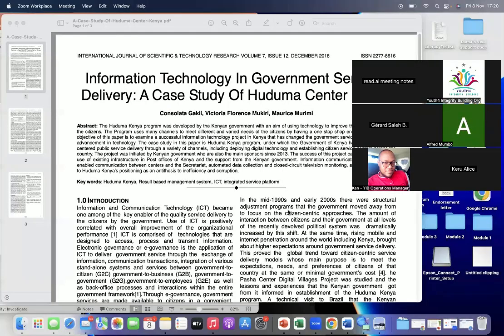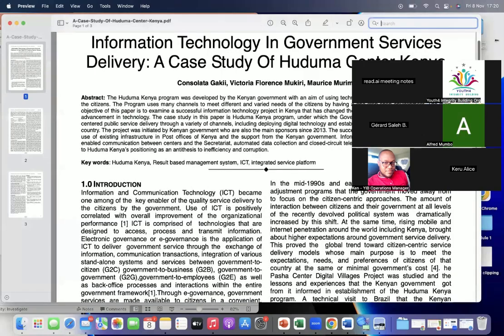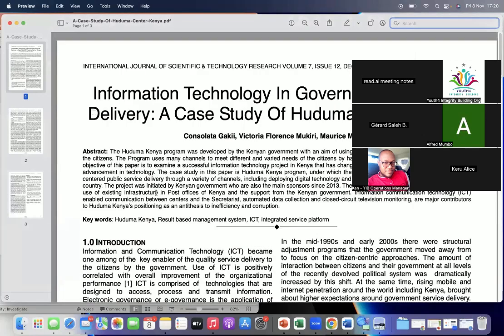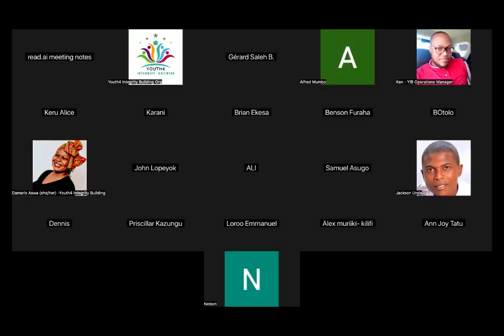So we are going to split fellows into different groups. No, this must be done individually. Everyone must present their work. So we have got a group activity now. For this group activity, fellows must have at least 20 minutes for preparation.